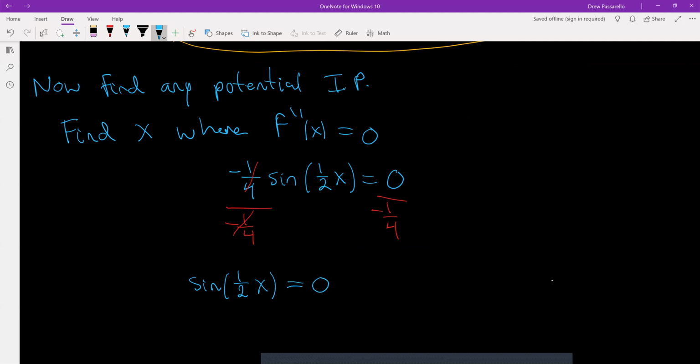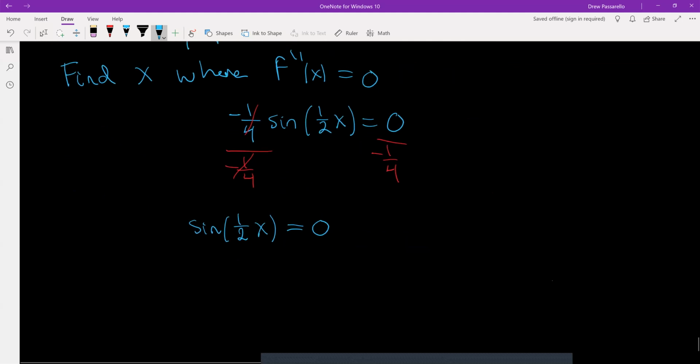I need to find x where sine of 1/2 x is 0. The way I do it is I'll treat 1/2 x as theta, and I'll ask myself, find theta where sine of theta is 0. Then I'll back substitute 1/2 x in for theta.